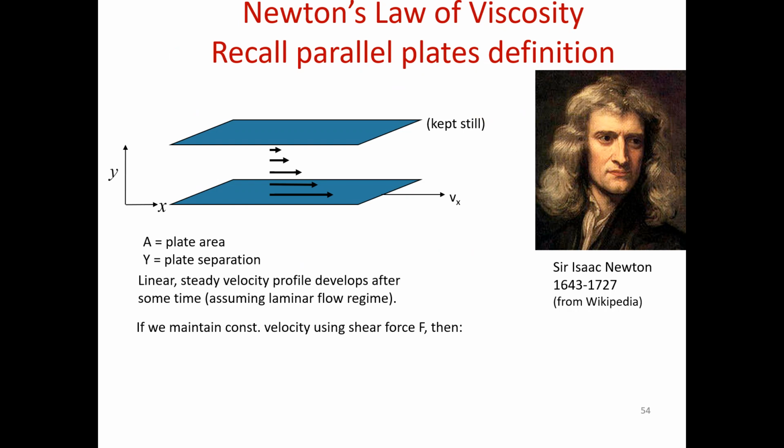And that Vx in the parallel plate model changes as I change my y coordinate. It doesn't change with x. It doesn't change with z. Are we okay with that? So it's really just Vx of y, and the only derivative that exists is dVx/dy. All others are 0. Now, what if that's not the case?